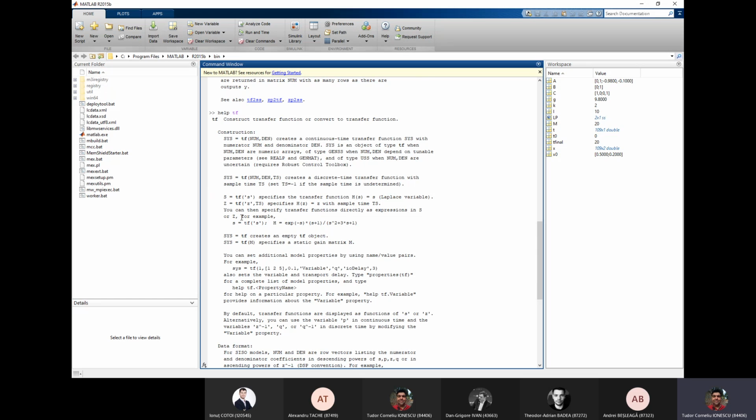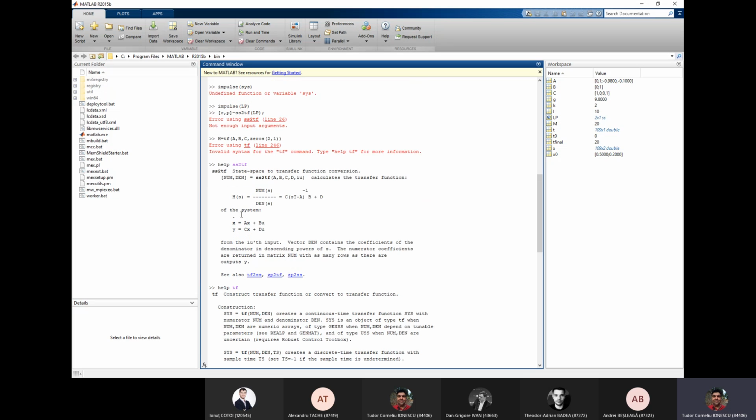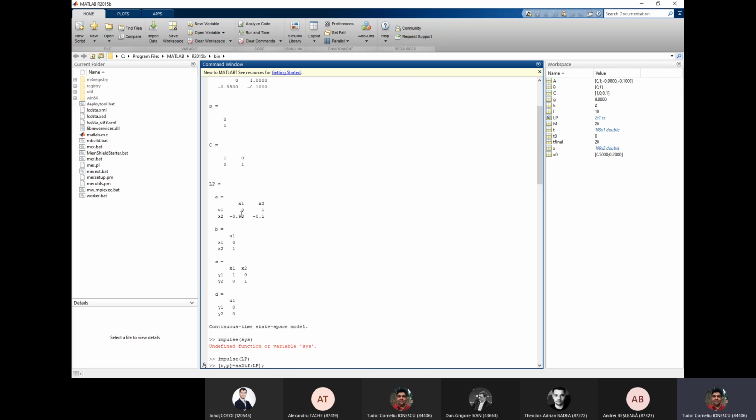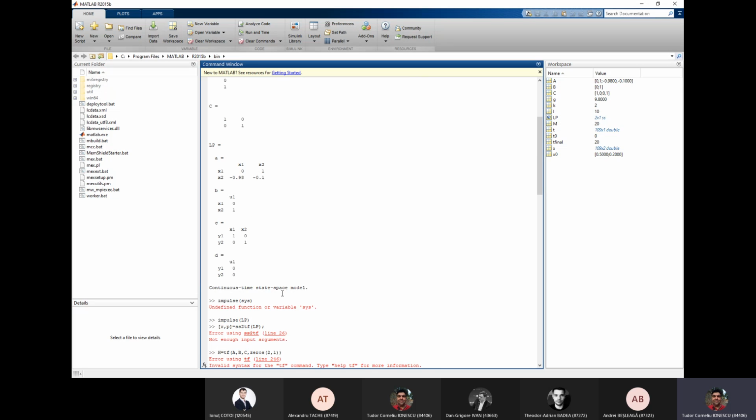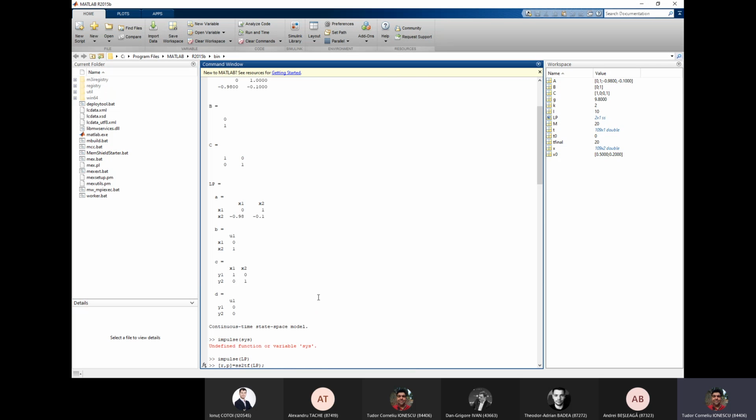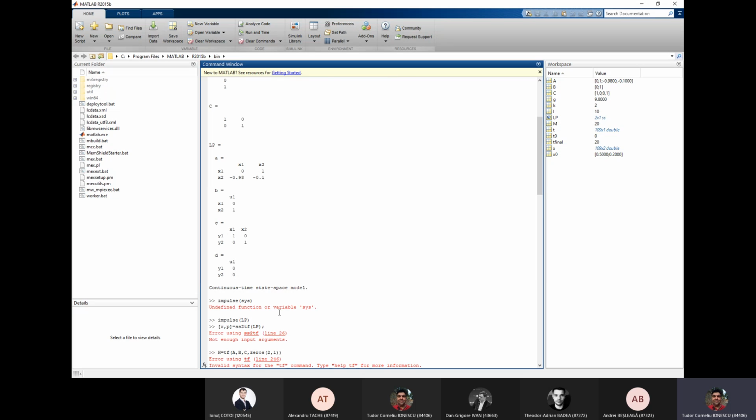Oh, so we need TF numerator and denominator. Okay, never mind. So the idea is, it's difficult to work with transfer matrices. It's easier to discuss state space systems for MATLAB, because MATLAB knows matrices. So we've got this second order model.